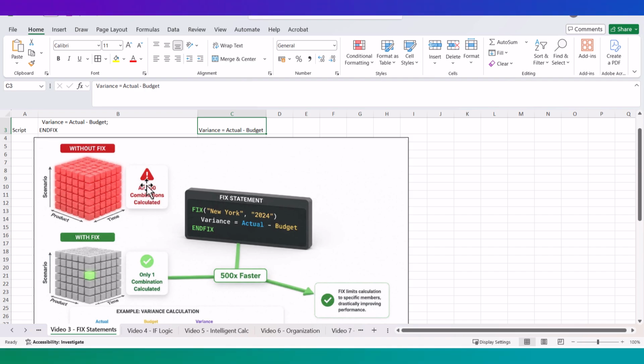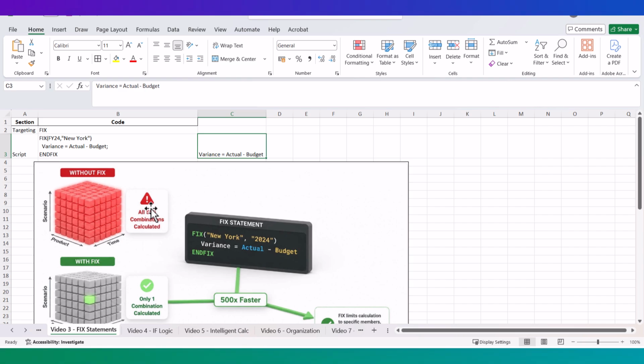For example, if you have 500 combinations, all 500 combinations will get calculated. But if you have a business requirement that it has to calculate only for a specific set of data, for example, only for FY24 and for New York City, then in that case, we need to write a FIX statement.